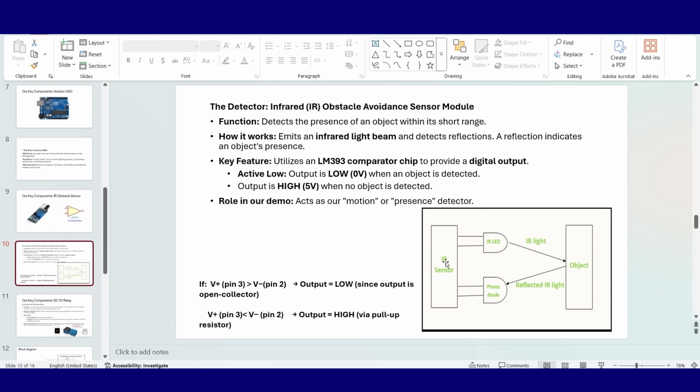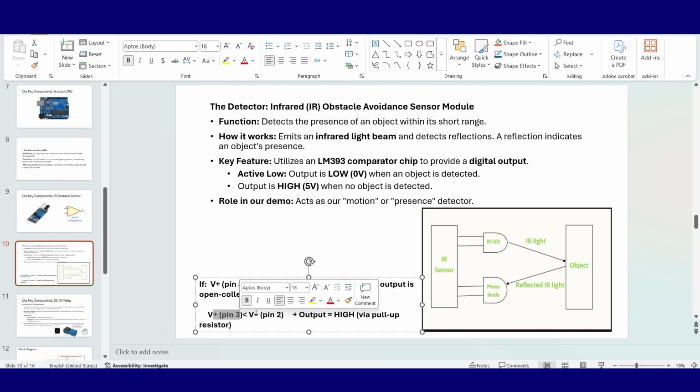Here I have clearly shown that when V plus, pin number 3, is greater than V minus, the output is sent as low to the Arduino UNO board. When pin number 3 is less than V minus, that means when there is no object detected, the comparator LM393 will send a high signal to the Arduino UNO board.